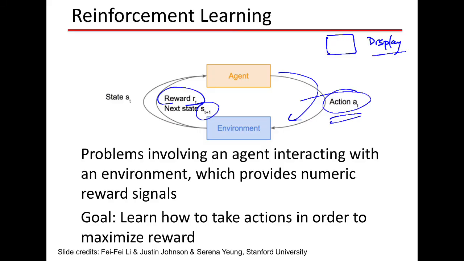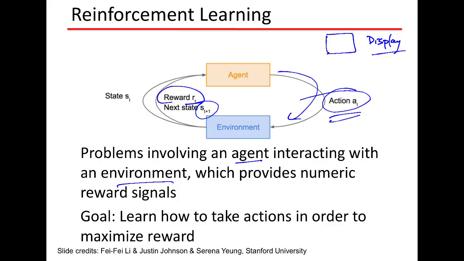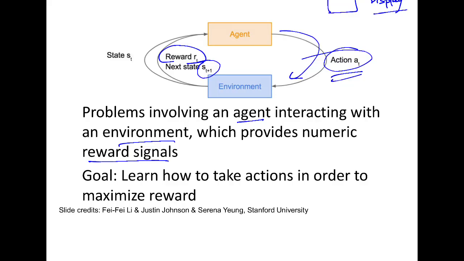It can change from one display to the other. So once the agent takes an action, the state of the environment changes and it gets to the next state. So an agent interacts with an environment which provides a reward signal, and our goal is to learn how to take actions to maximize the reward.